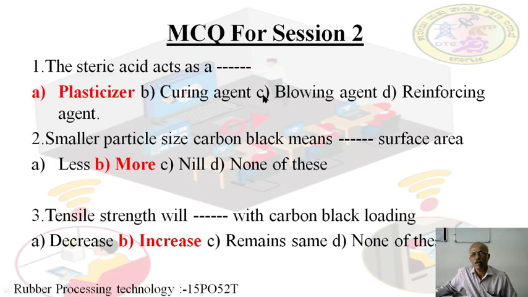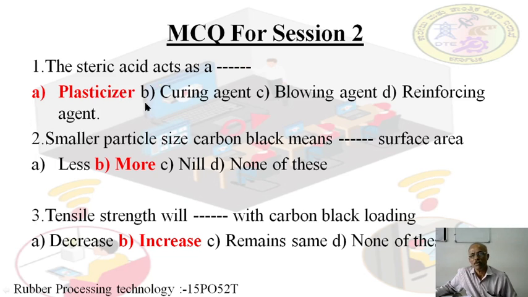So next we will go for multiple-choice questions for session 2. One: the stearic acid acts as a dash. Options: A plasticizer, B curing agent, C blowing agent, D reinforcing agent.